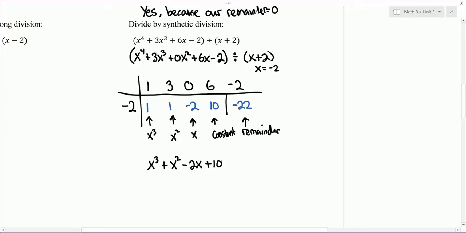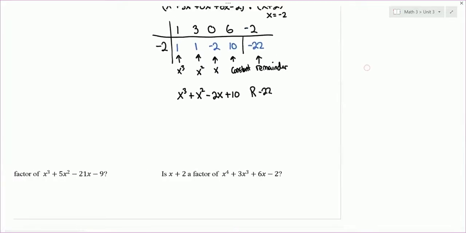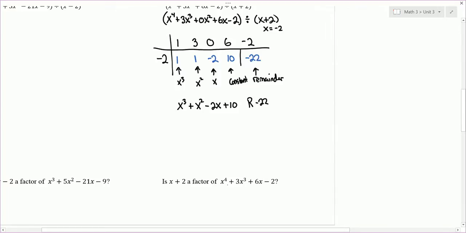Now there's a couple different ways we can handle remainders. For right now, we're just going to put r for remainder negative 22. Because our remainder is not 0, x plus 2 is not a factor. So our question here is, is x plus 2 a factor of x to the fourth plus 3x cubed plus 6x minus 2?